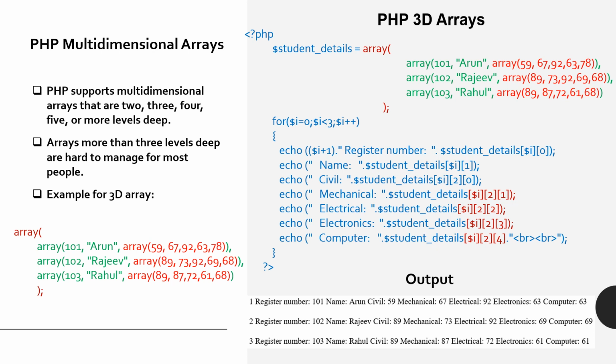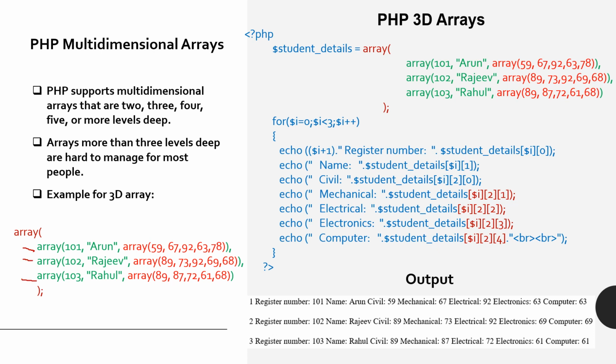Now we are going to discuss about the 3-dimensional arrays. Already we discussed about two-dimensional array, so you have the concept of it. There we have seen that we have an array, in that we have three different arrays.